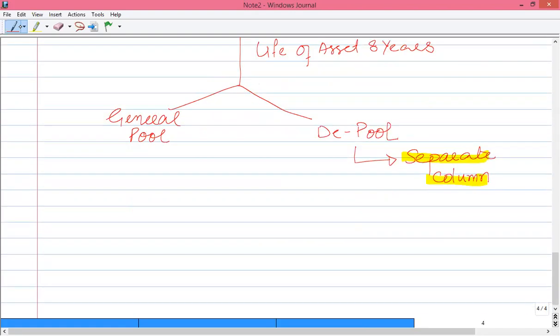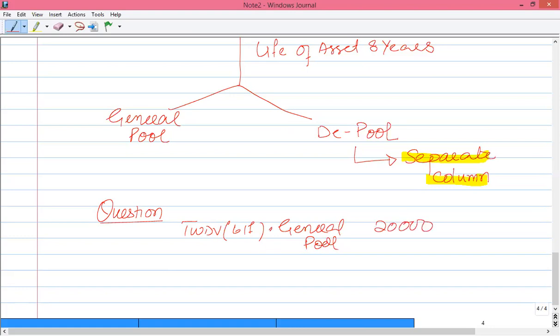So let's put it into a question first. Assuming we have TWDV brought forward for a general pool item of 20,000, and similarly we have a short life asset in which we have a 15,000 balance available.